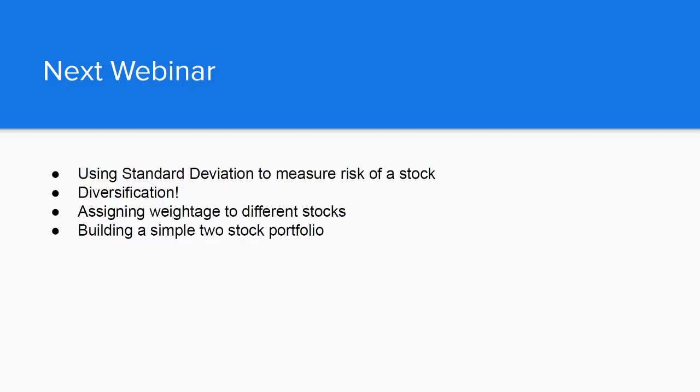I want to prove mathematically how risk reduces while increasing the returns if you diversify. I will also build a model of assigning weightage to different stocks and how to build a simple two stock portfolio. All these things I will cover in the next webinar.